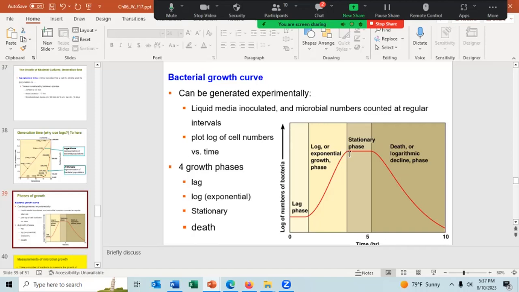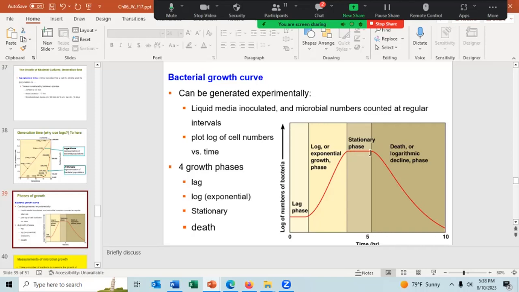And they will eventually reach a stationary phase where the lucky cells have some nutrients around them, some space around them, and not that many waste products around them. So these lucky cells are growing in the stationary phase. But the unlucky cells have lots of waste around them, very few nutrients, very little space, and they're dying. So in the stationary phase, the number of cells growing is equal to the number of cells dying.